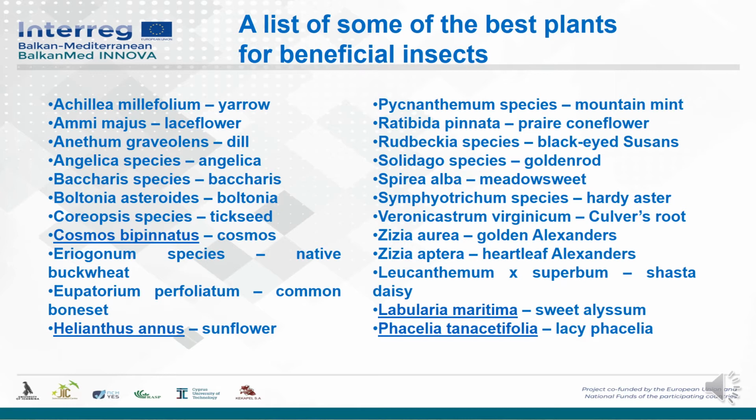Some of the plants can attract the bees, and you will have some photos after this slide, and you'll see how nice and how beautiful these plants are when they flourish.